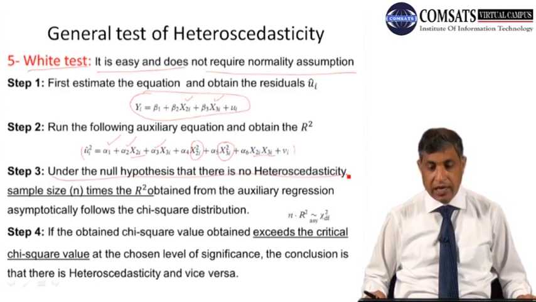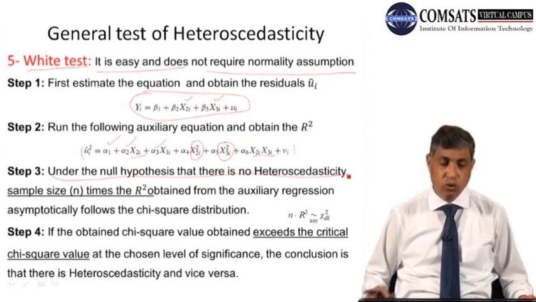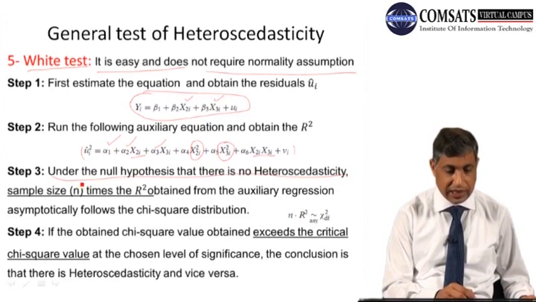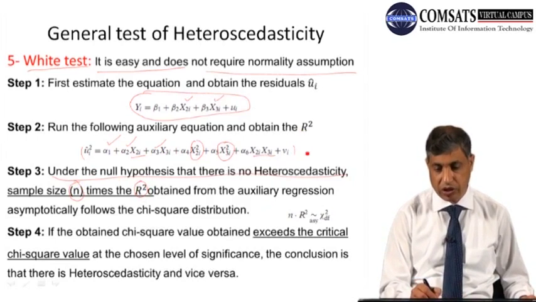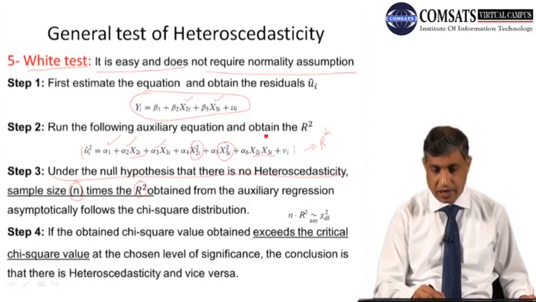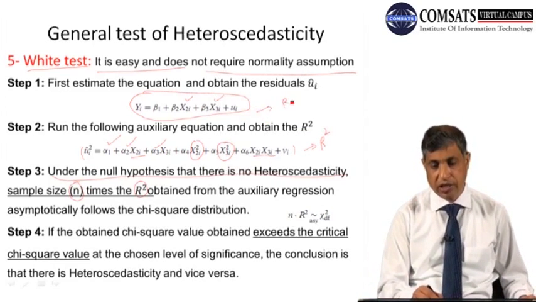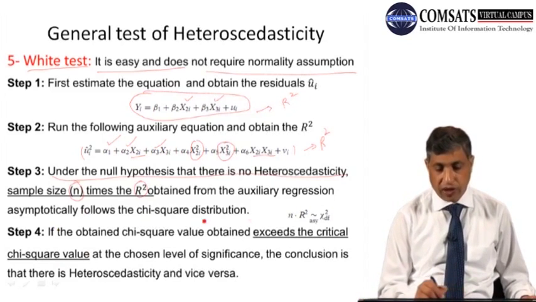If we make this null hypothesis and assume no heteroscedasticity, then n, the number of observations, multiplied by the r square obtained from the auxiliary regression asymptotically follows the chi-square distribution.